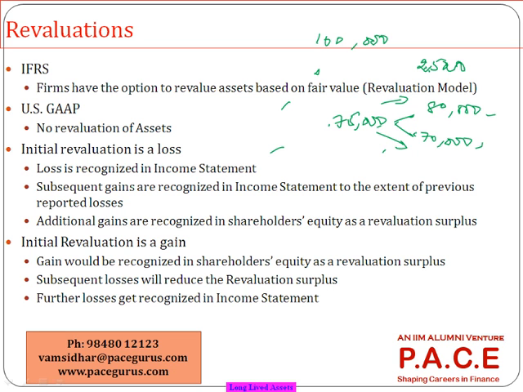Now, in the second part, let's say in the next years, you have initially booked a loss. Next year, you can recover up to the loss which you have booked. You can treat it as a gain, up to the extent of 5,000, in the income statement.